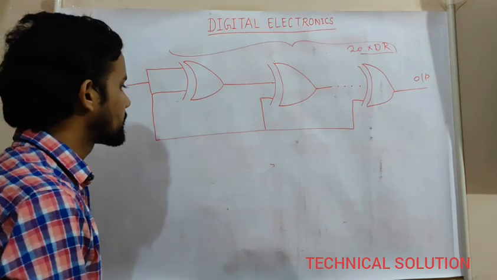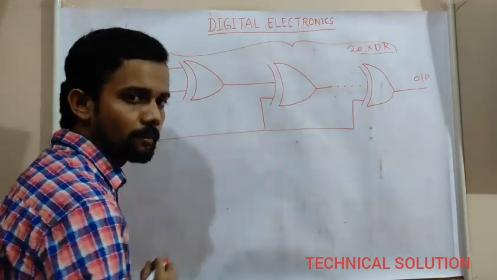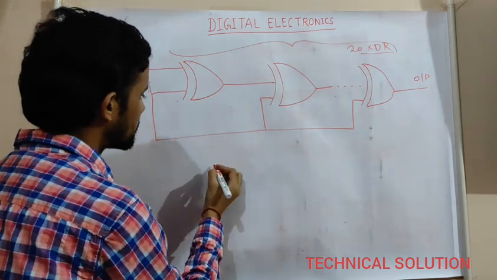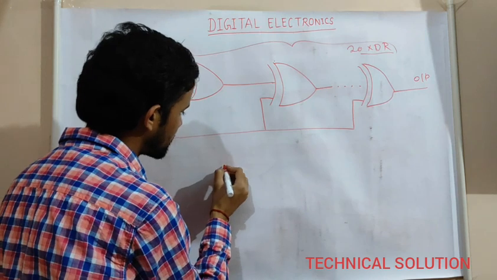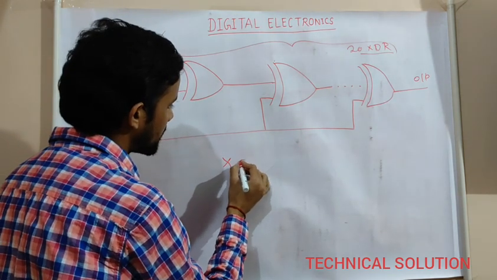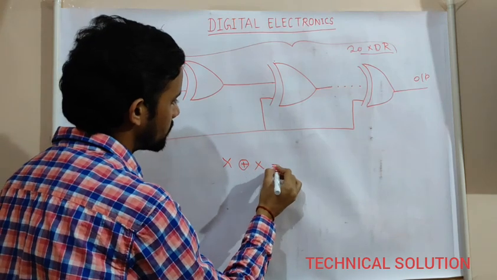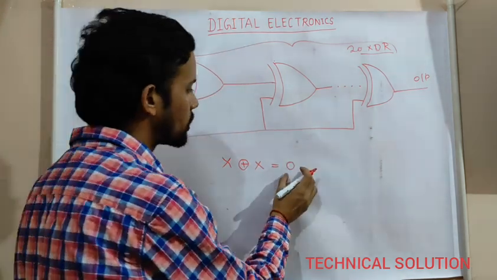As we know, XOR is the odd number of ones detector. If we represent it in boolean form, then X XOR X equals 0. That means if there are similar inputs, we get output 0.